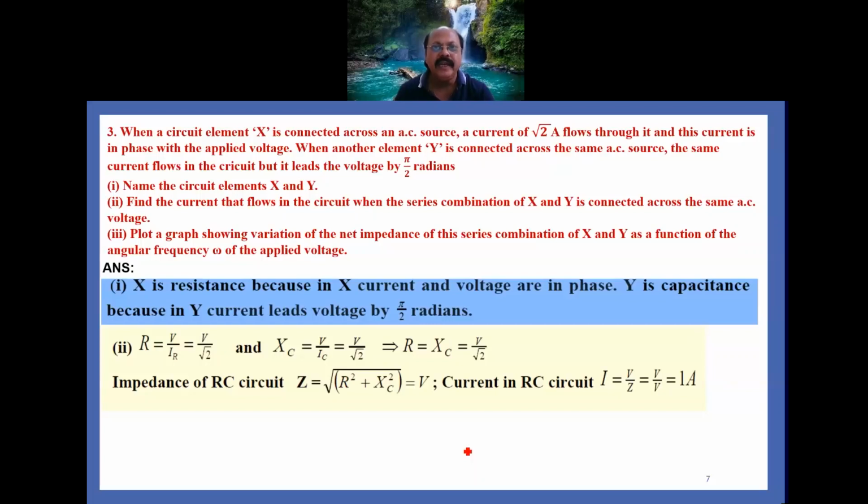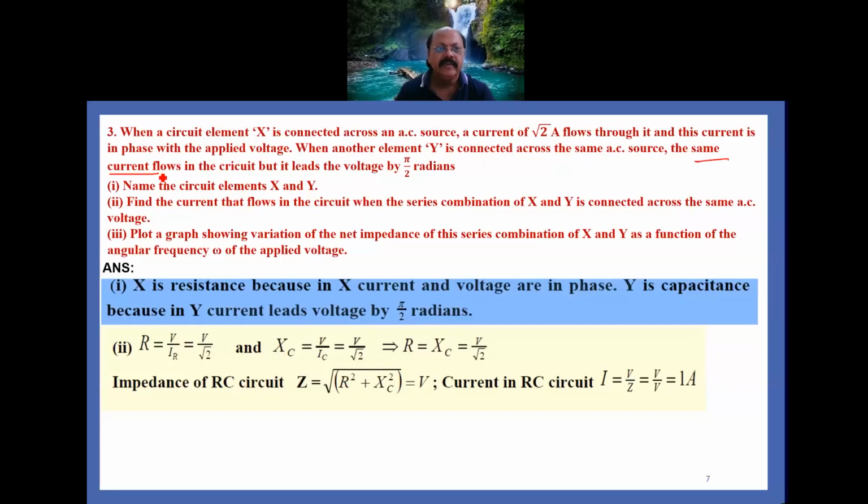Also when the Y element is connected across the same AC source, the same current flows. So in the capacitor of capacitance C, the current is root 2 ampere. From here we can find the relation between R and XC.